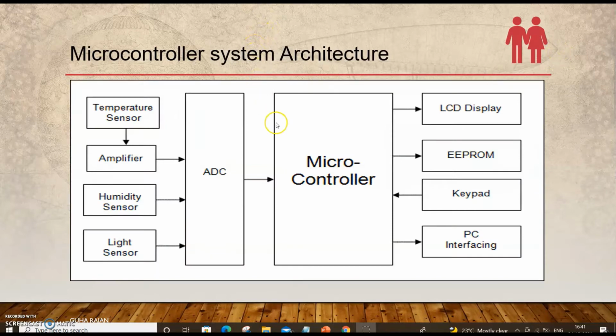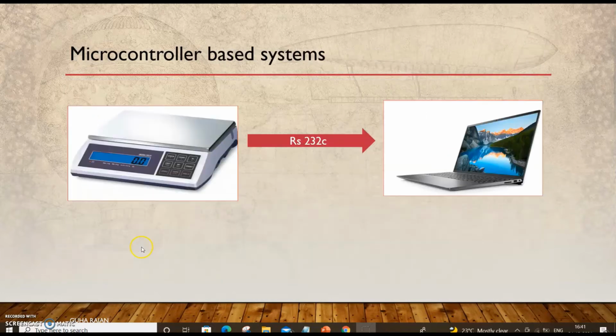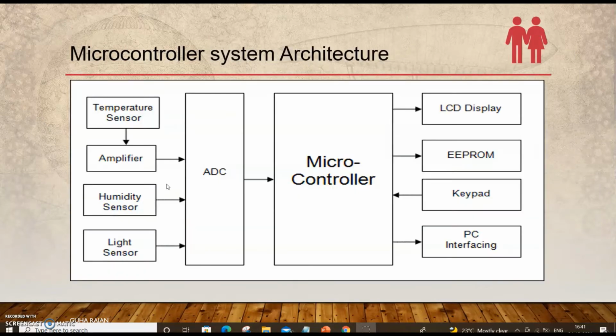If you look at it, these are called sensing devices, maybe a temperature sensor, or a humidity sensor, or in case you're using a digital weighing balance, there's a weight sensor inside it, which will send the signals to the analog to digital converter. Why we require an analog to digital converter is that a computer can read only zeros and ones.